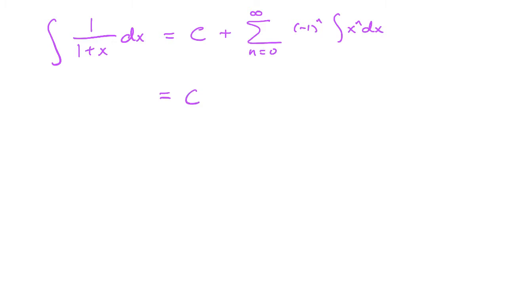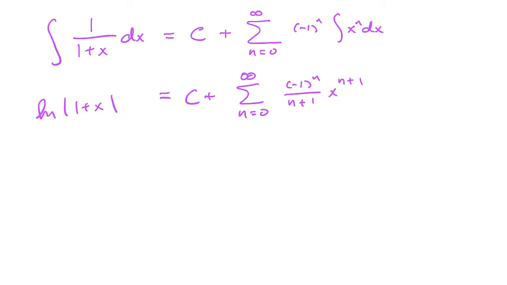And so we end up with c plus the sum from n equals 0 up to infinity of minus 1 to the n, then just using the power rule, 1 over n plus 1, x to the n plus 1. Integrating the left-hand side, we just have the natural log of the absolute value of 1 plus x equal to c plus this infinite series.